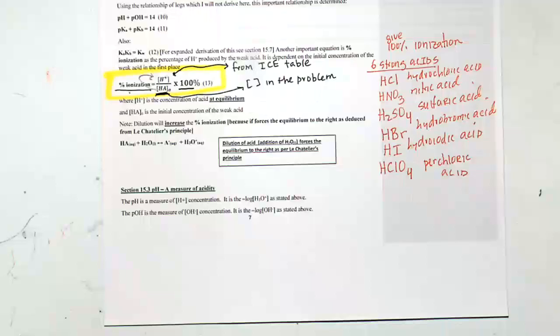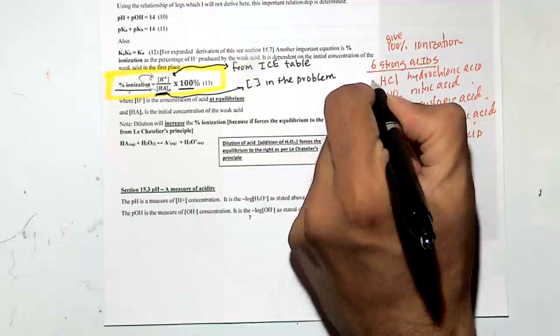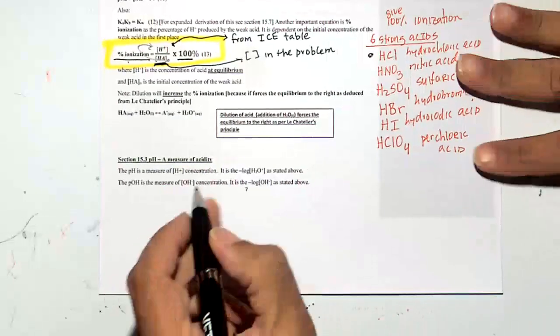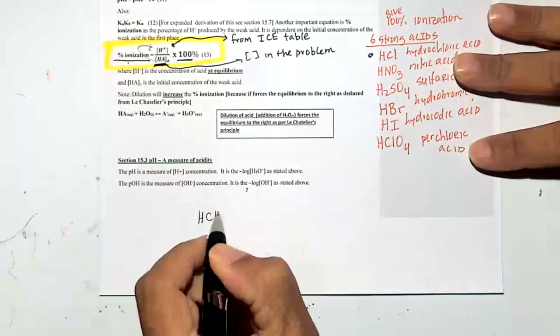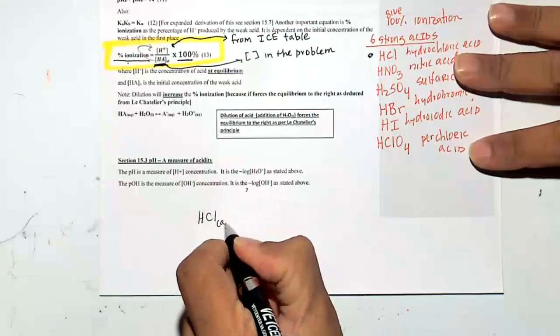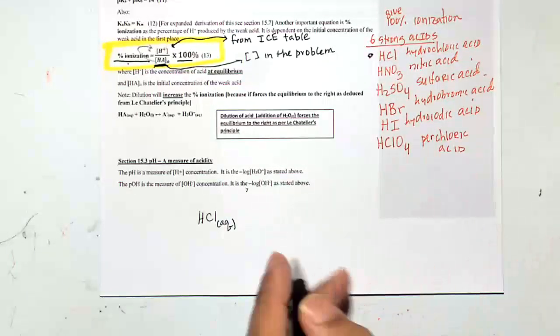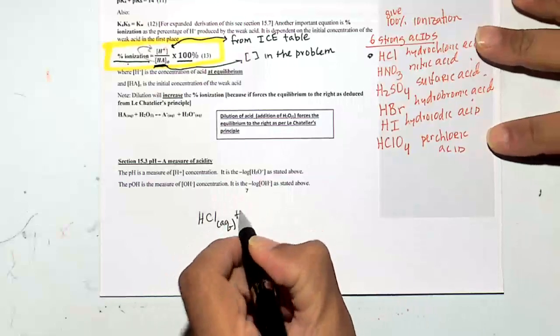So let's do an equilibrium reaction with this. What would the Ka be for this acid, HCl? Let's write that here. It's going to be HCl. On an exam, the question would be, what's the Ka chemical equation for hydrochloric acid?